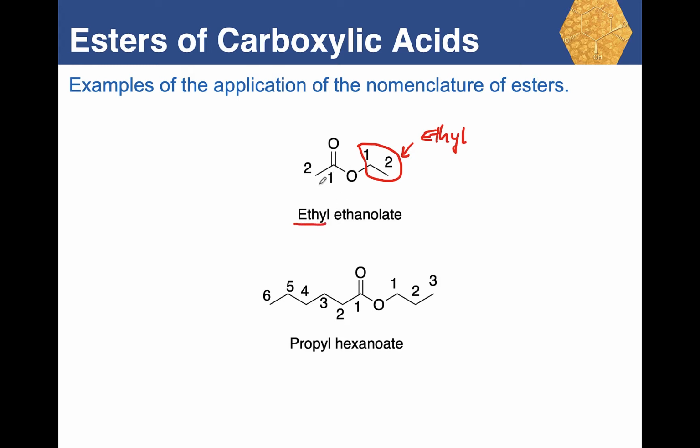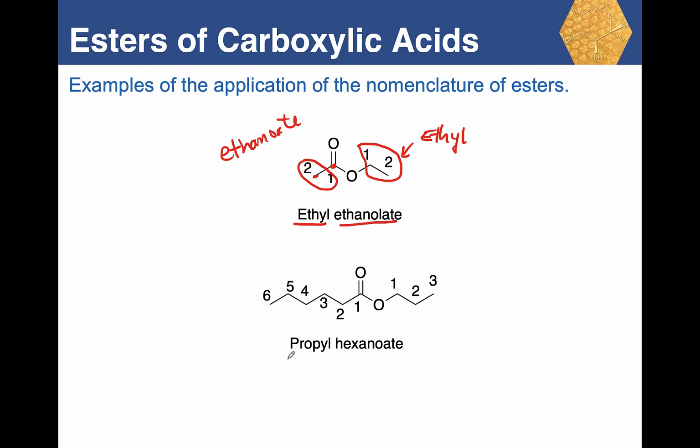Then we identify how many carbons are bonded to the other portion of the ester, starting with this carbon as 1 and 2. This corresponds to an ethyl again, so it becomes ethanoate. And that's the second portion of that name.